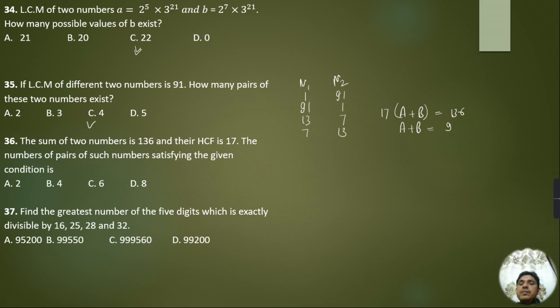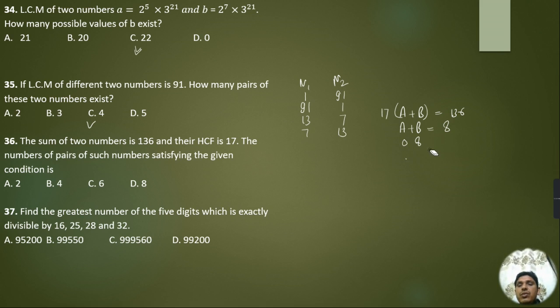So the sum of the co-prime parts will be 8. This will be 8. And it is asking for the number of pairs of such numbers. If we try to put the values, this will be 0, 8 and 8, 0.